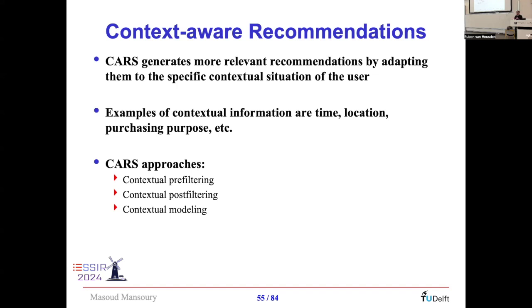Or in e-commerce, in the sequences of interactions and purchases that we make on Amazon, for example, I may be a user interested in a certain category of items, but inside I have one item that is completely different. That might not be a purchase for myself; it might be a gift for someone else. So that is the context: purchasing purpose. By taking into account the contextual information, we can have more accurate recommendations for the users.